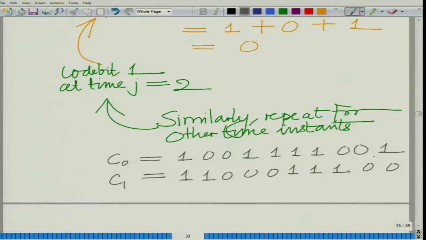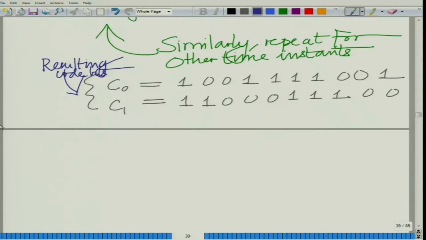So you can see that this is the resulting code sequence. One thing you can see is that we have 10 input information bits, counting from 0.